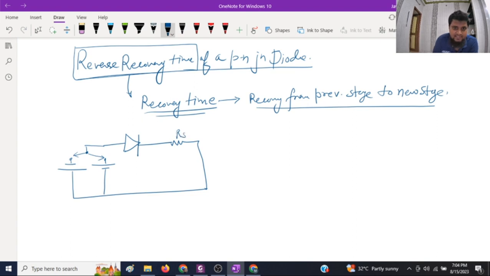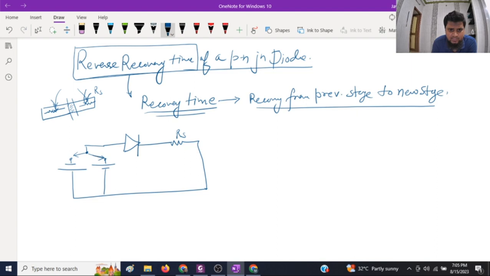Even if RS is not connected, a PN junction has, apart from the junction area, a neutral region. This neutral region is ultimately a material, so it has some resistance. I can call this RS, combining both P side and N side, or this RS can be an external circuit.